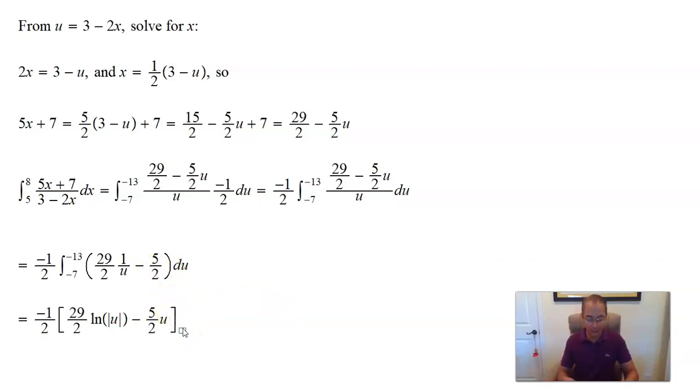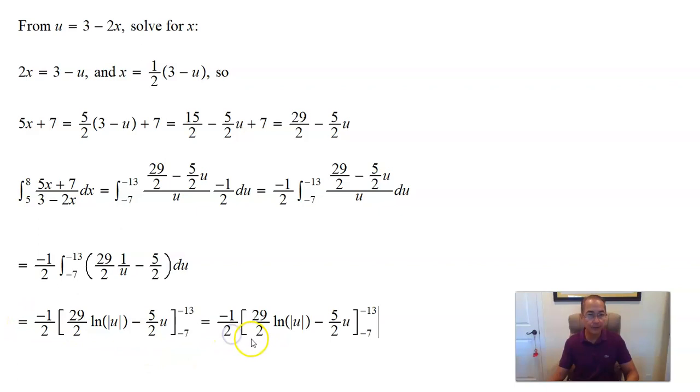Okay, so we are going from -7 to -13. So as before, for the first term, we are simply going to get ln of positive 13 minus ln of positive 7. So let's put brackets here.